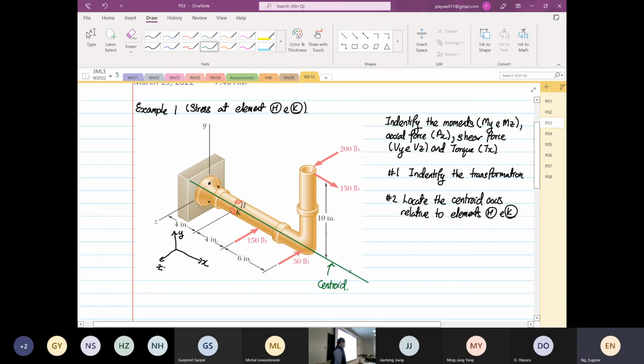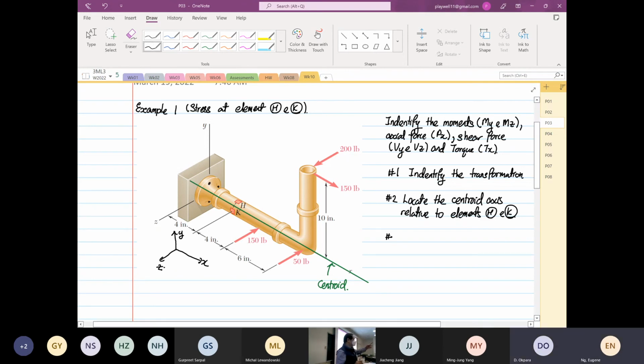You always have to locate your centroid. The centroid is not for the whole structure, it's only for element H and element K. Elements H and K are the elements of interest.